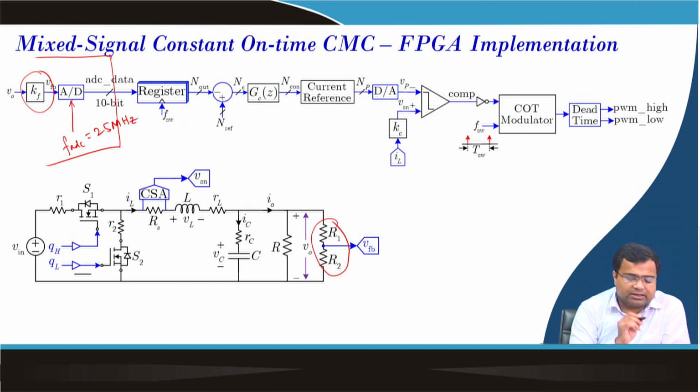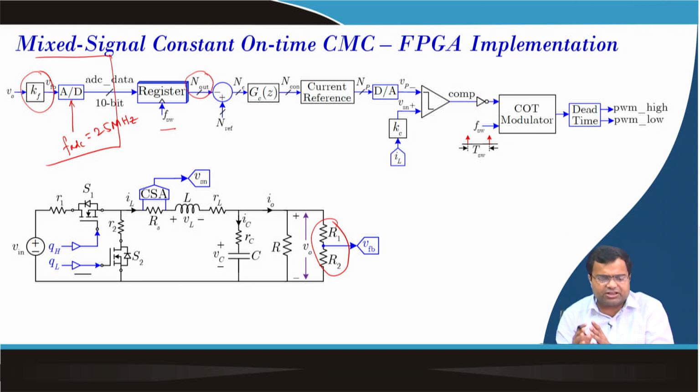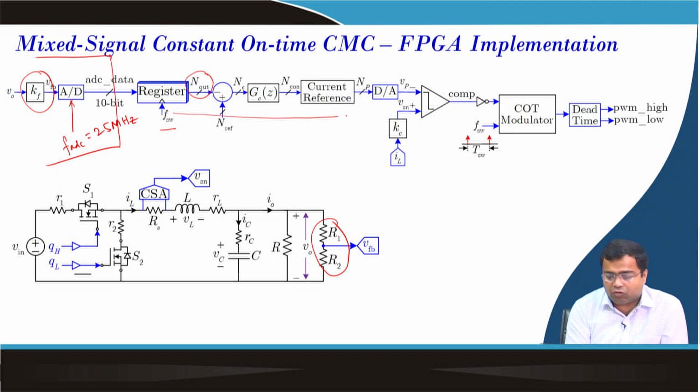This is a very high frequency clock, I would say, but you can reduce it, and we are taking the data at the rate of the switching frequency. That means, at every edge of the switching frequency we are capturing the data, and that register output is our output. This we have explained in the context of fixed frequency current mode control. All these terms are common, the D2A, all these things are common.